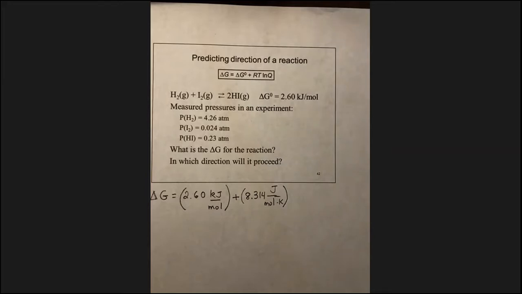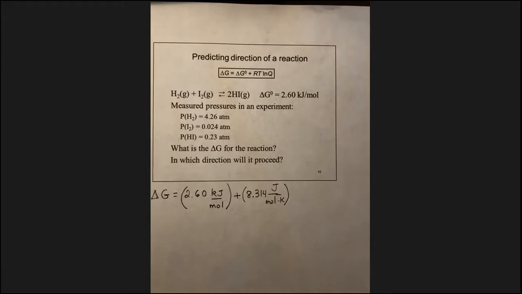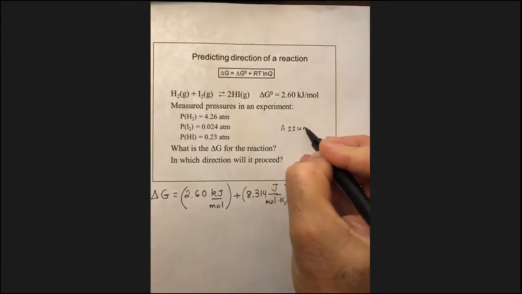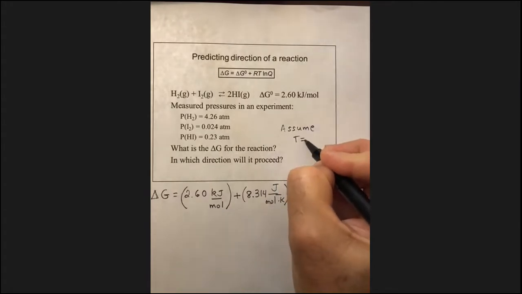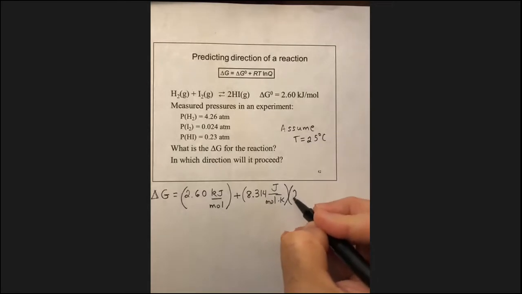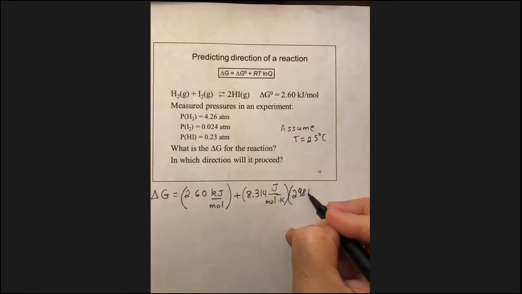They didn't tell us what the temperature was. Well, since they don't tell us, in the absence of any other information, assume that the temperature is 25 degrees Celsius, and that equals 298 Kelvin.